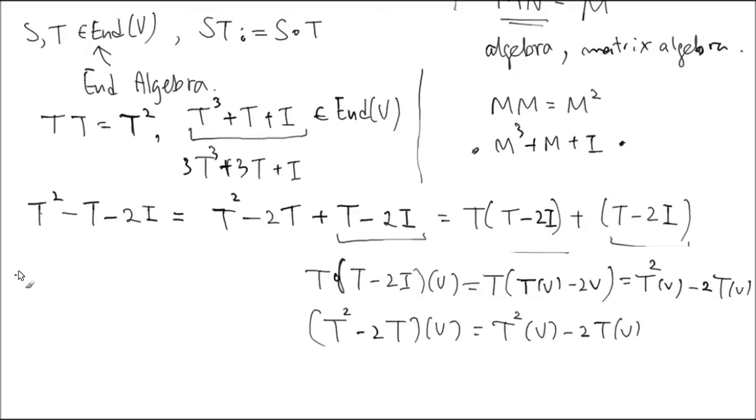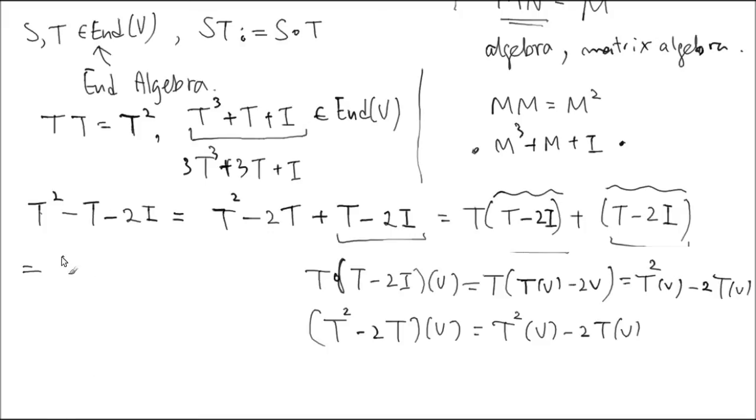Now, if you could factor out a common thing to the left or right in the correct order, you can do that here too. You can factor out t minus 2, right? You can't factor out to the front. In general, no. You have to keep the order. ST and TS are different, right? This is not a commutative ring. Therefore, when you factor out, you have to factor out in the correct order.